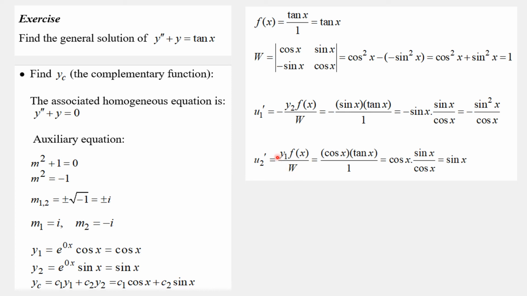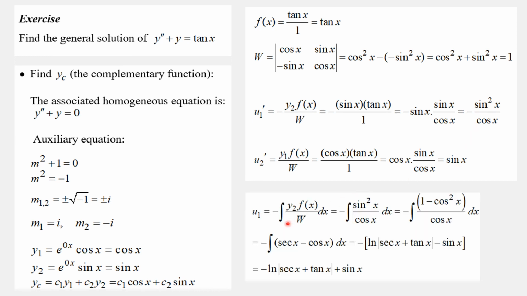Now y1 in my work is cos x, so I have to follow what I've written here. y1 is cos x multiplied by fx, which is tangent x, divided by w, which is 1. But tangent x is sine over cos, and fortunately here we can cancel the cosine function, and so the answer is just sine x. So these are the answers for u1 prime and u2 prime.